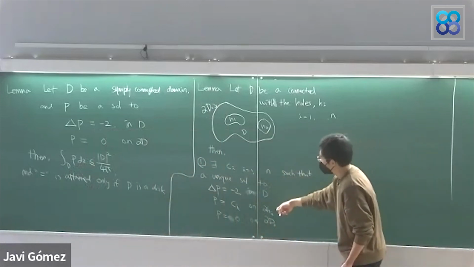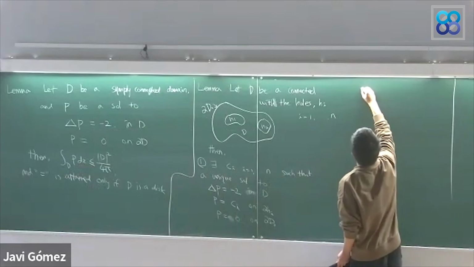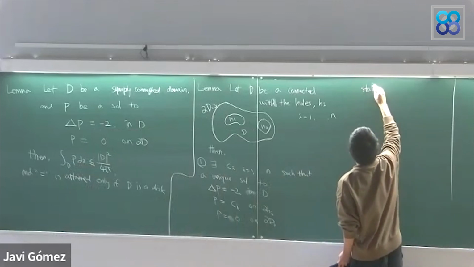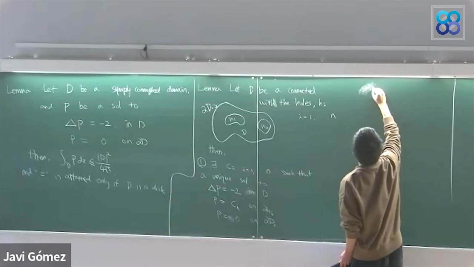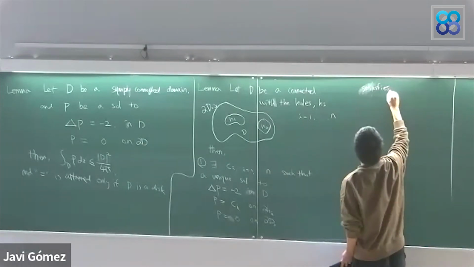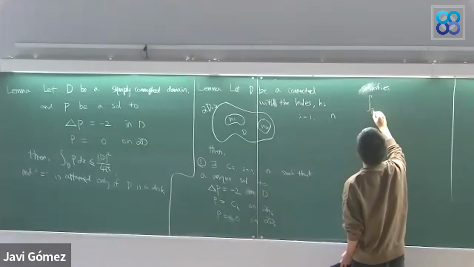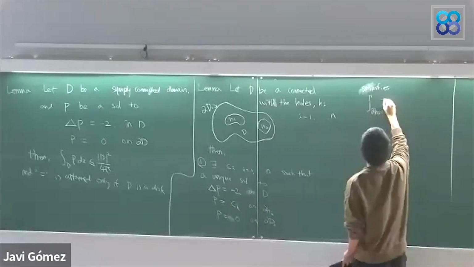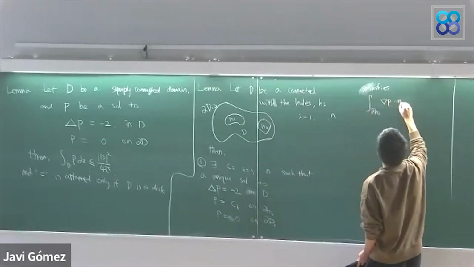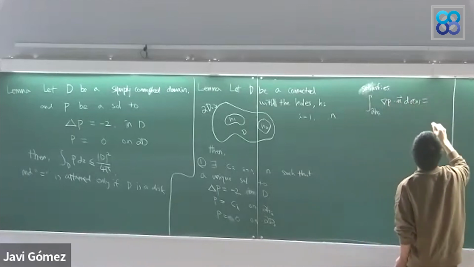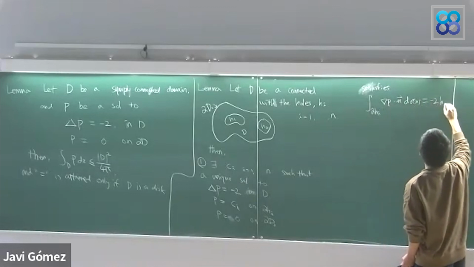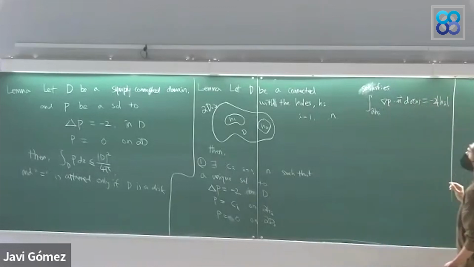The unique solution to this equation satisfies that the integral of the gradient of P dot n dsigma is equal to -2 times the area of the hole.